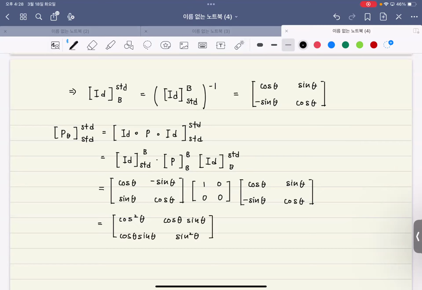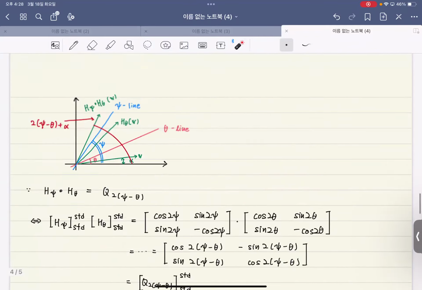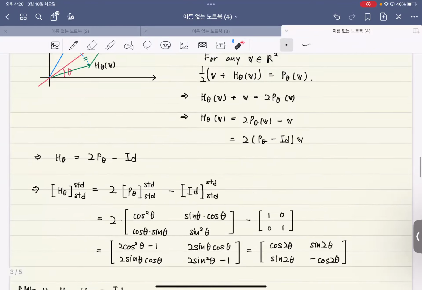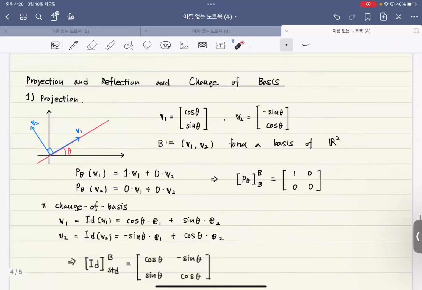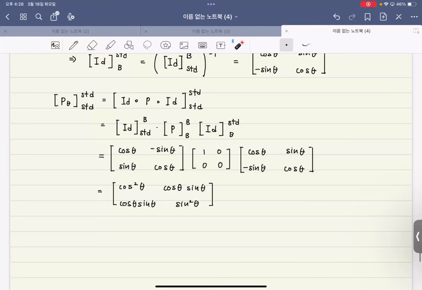Then this is your answer, which is precisely the same as this. Okay. So we derived the same result, but this time by change of basis. And this trick is so universal, you can apply it in many different places.